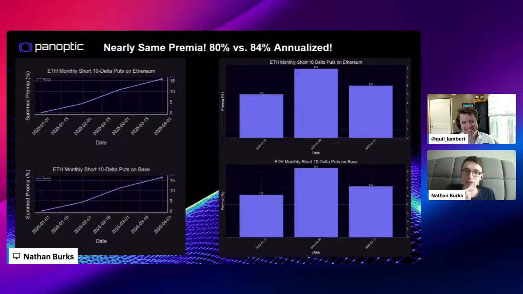It's 84% annualized on Base versus 80% on Ethereum. And this is only through 3 months thus far this year, just due to data limitations with Base. But as you can see on the right hand side, they crest around the same time in February, so it tracks pretty similarly with only incremental differences.